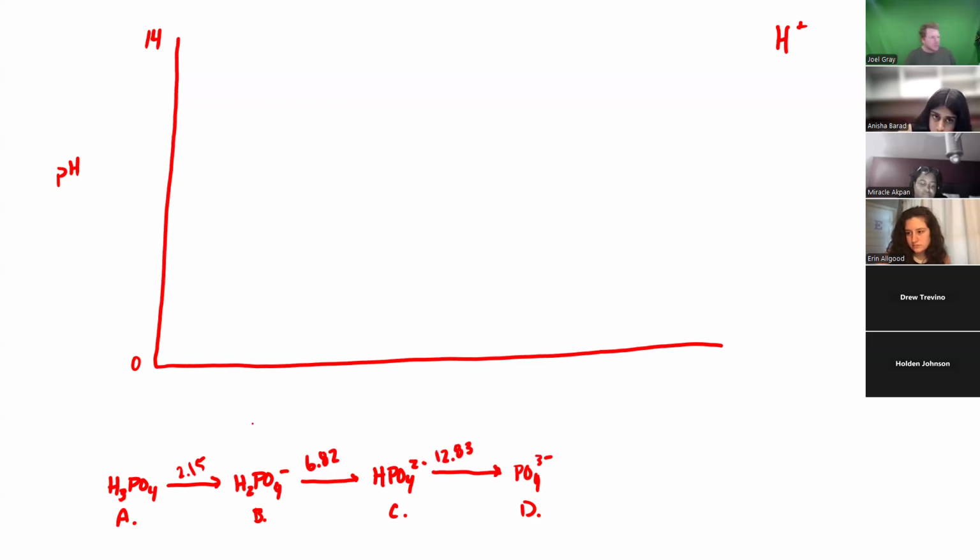Now my x-axis is going to be hydroxide ion equivalents. These hydroxide ion concentration equivalents are going to be basically whenever I've taken care of one group. So what I'm going to do on this is a couple of different things.